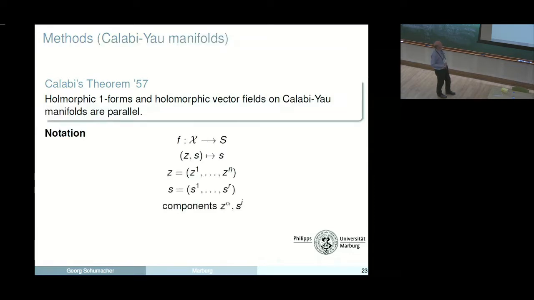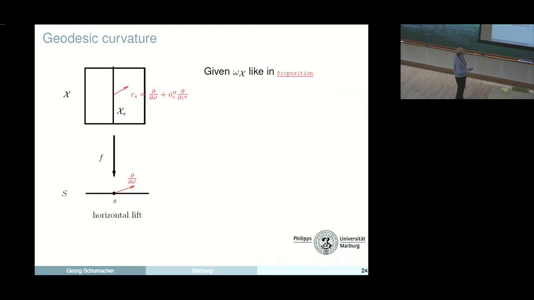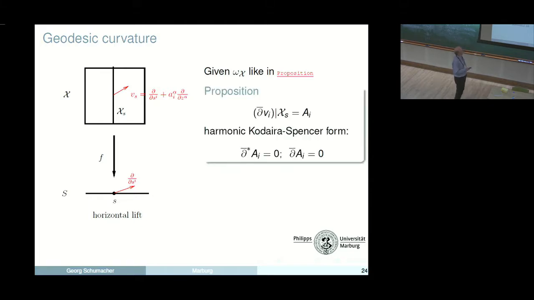And well, the notation we have been using this implicitly, and here is once again the picture of a horizontal lift, and also in the Calabi-Yau case, the horizontal lift yields harmonic Kodaira-Spencer forms, but this takes a little more effort because if B1 is positive, then it's not so easy what we are doing. If B1 is not zero.